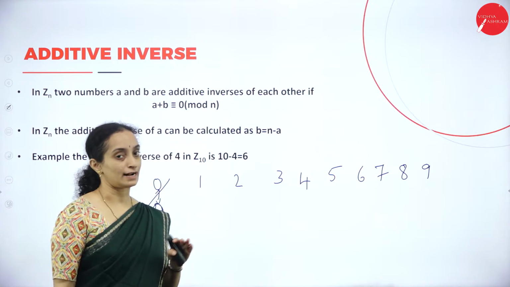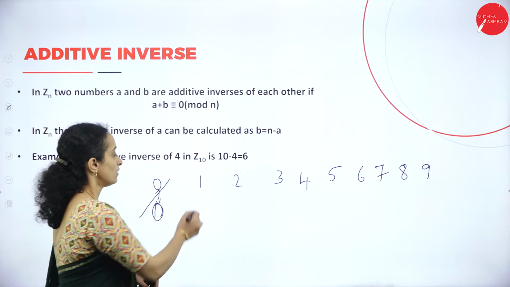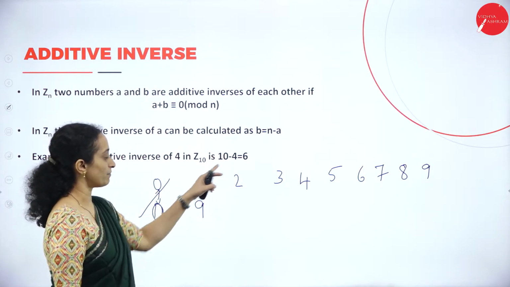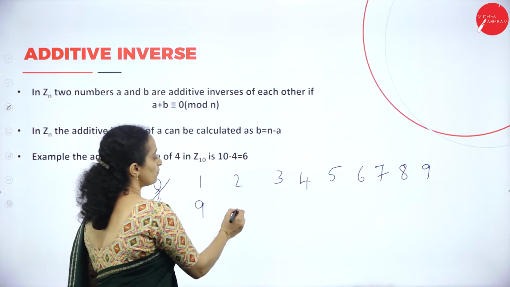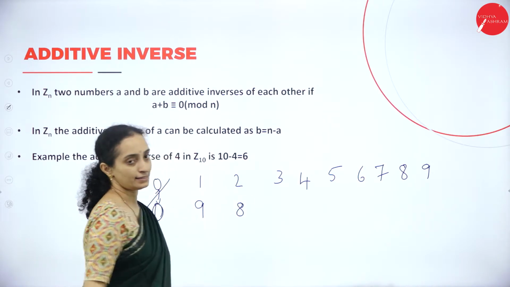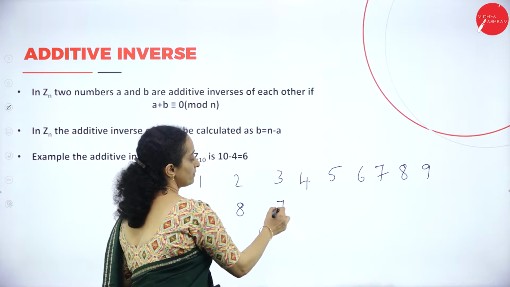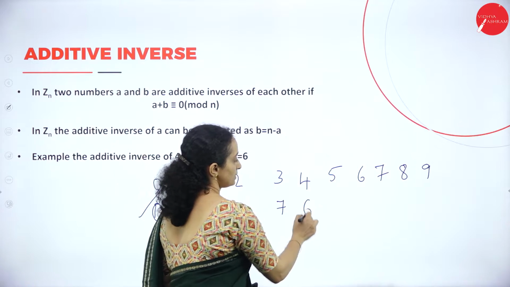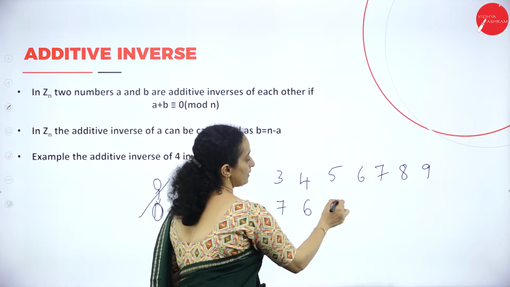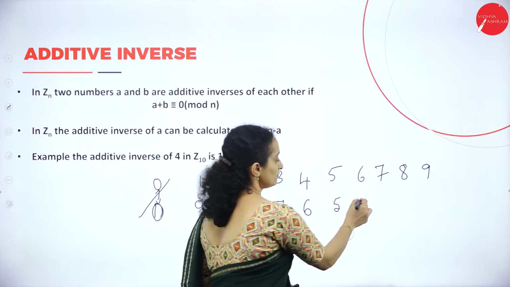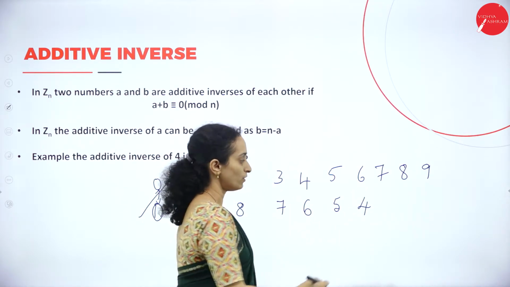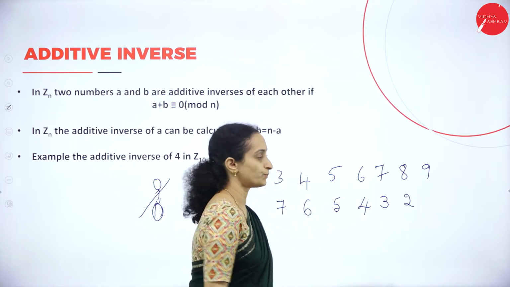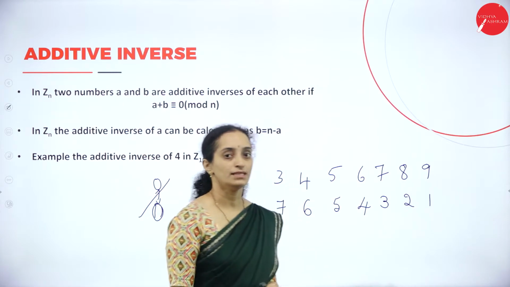So we do not consider the additive inverse of 0. For 1, the additive inverse is 9, that is 10 minus 1. For 2, it is 8. For 3, it is 7. For 4, it is 6. For 5, again it is 5. For 6, it is 4. For 7, it is 3. For 8, it is 2. And 9 is 1.